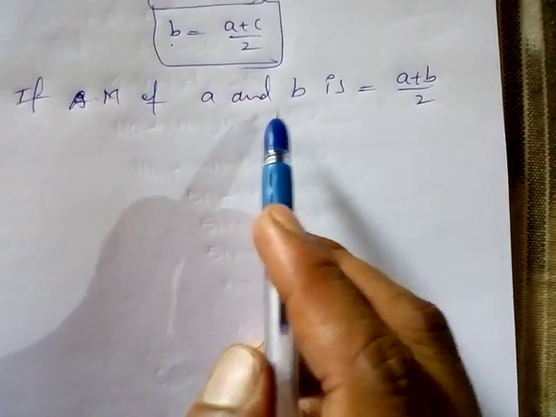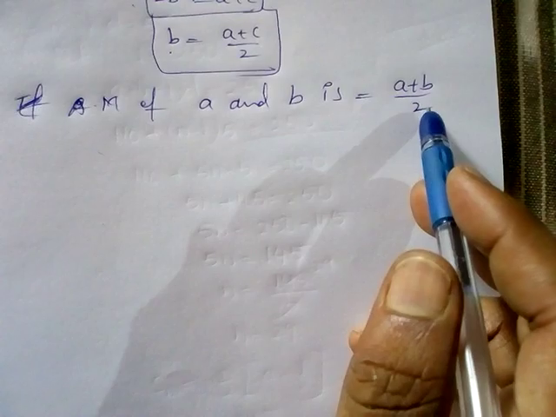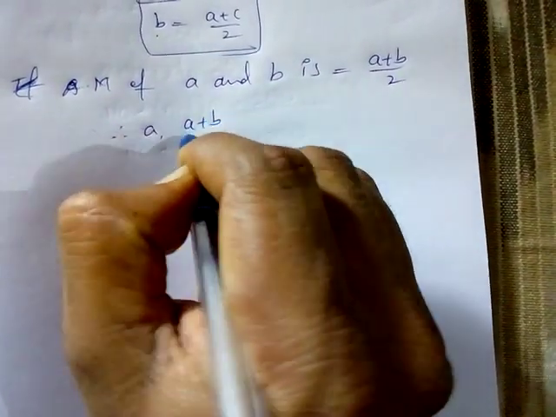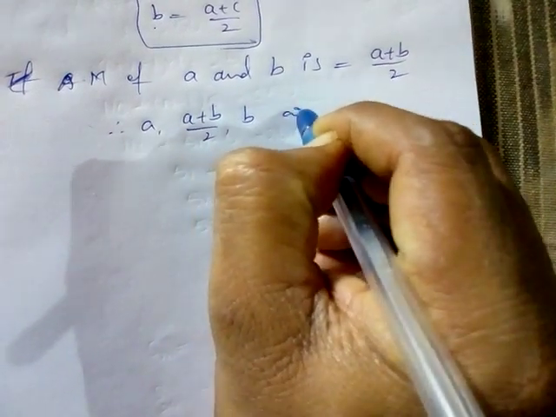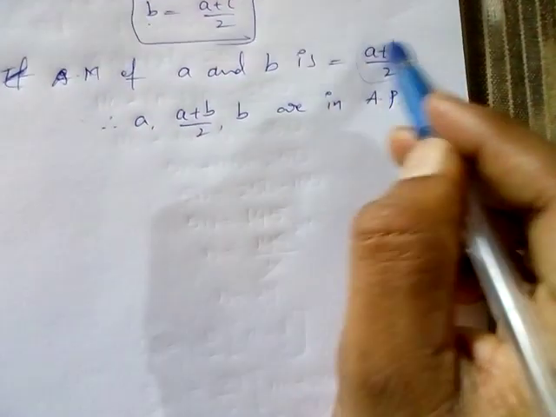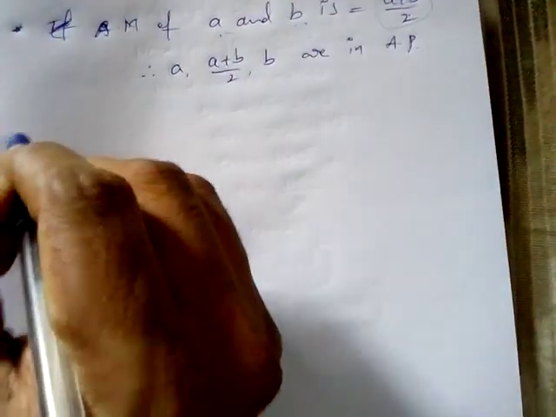Therefore A, (A plus B) by 2, B are in AP. So (A plus B) by 2 is the arithmetic mean between A and B.